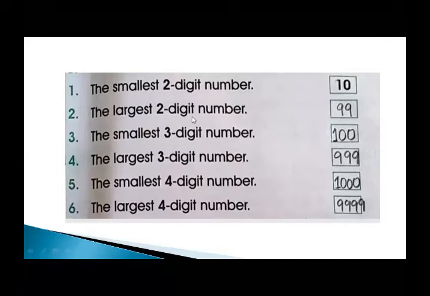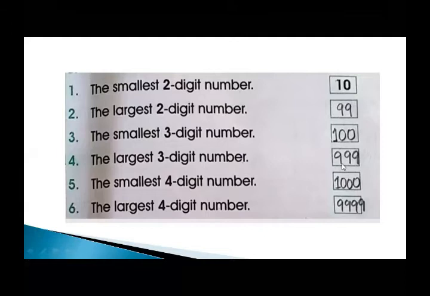The largest 2-digit number is 99. So what comes after 99? 100. So the smallest 3-digit number is 100. Now, the largest 3-digit number is 999.